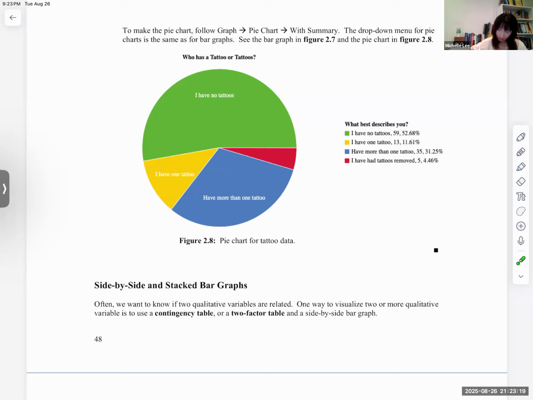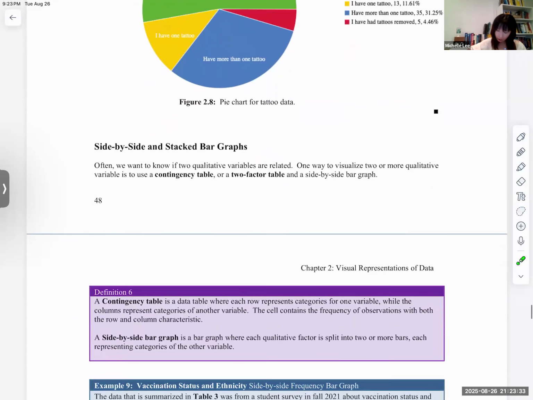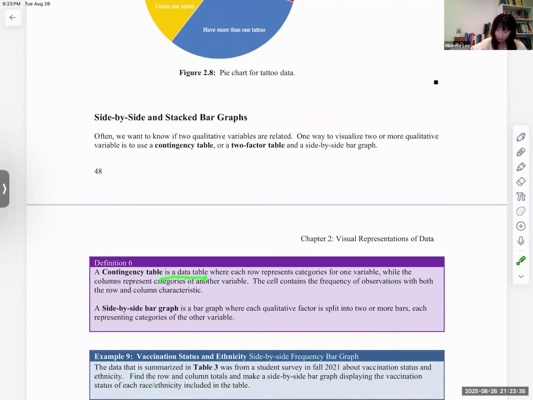So they say that contingency table. We have a new terminology here, or new two-factor table, right? Okay. So what is the contingency table? A contingency table is a data table where each row represents categories of one variable while columns represent categories of another variable.